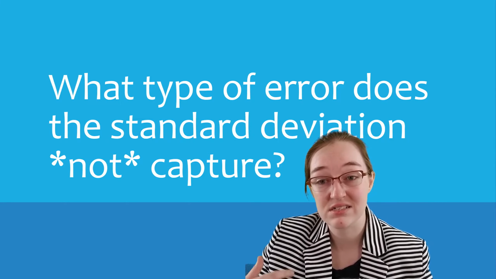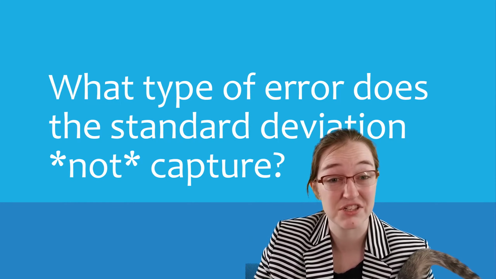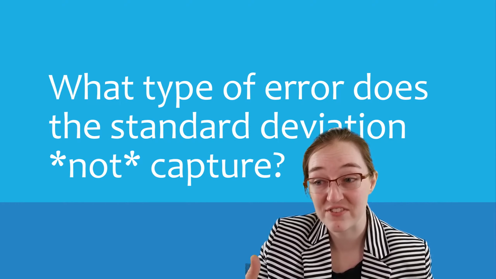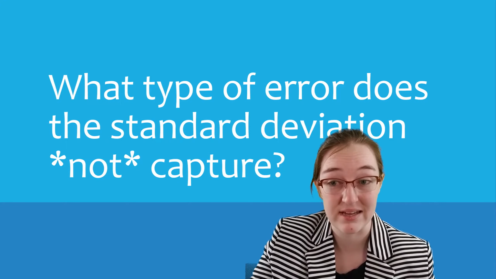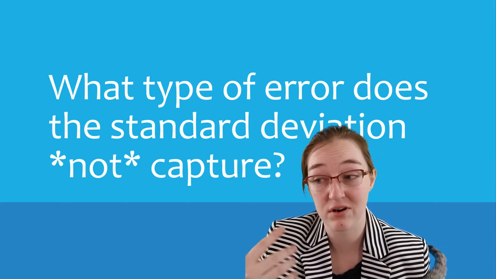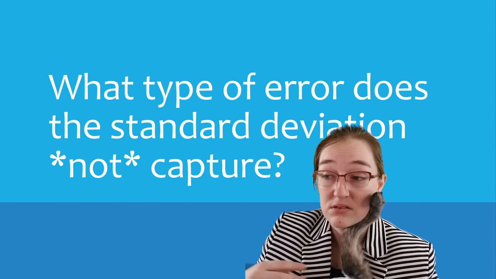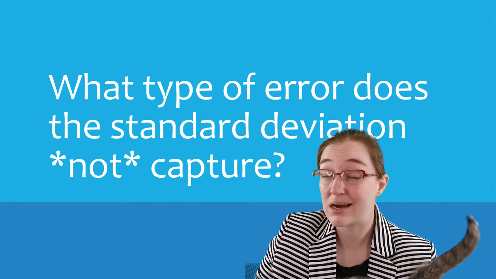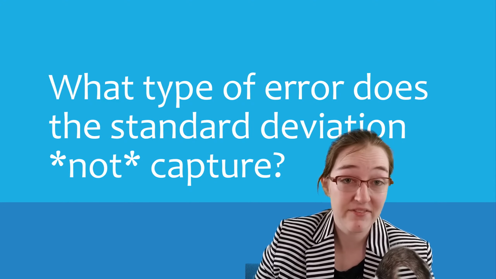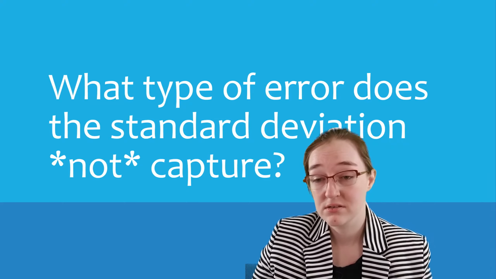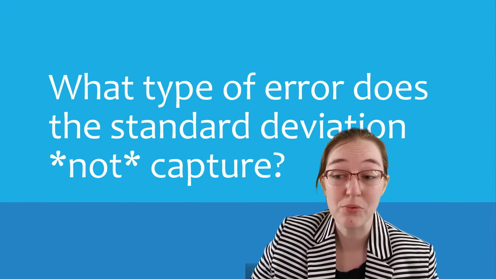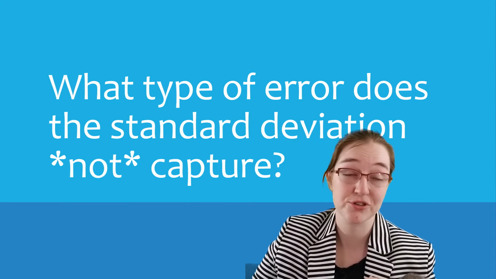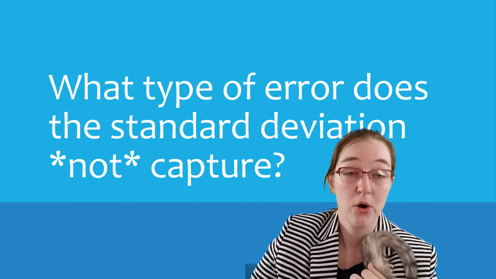All right, so what type of error does the standard deviation not capture? Systematic error doesn't vary from one measurement occasion to the next. So if a scale isn't calibrated correctly, it may systematically over or underestimate one's weight consistently from one measure to the next. And a constant doesn't have any variability. So, only one kind of error is captured in E under classical test theory: random error.